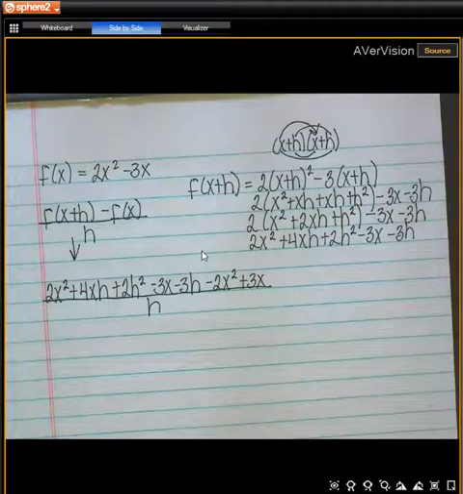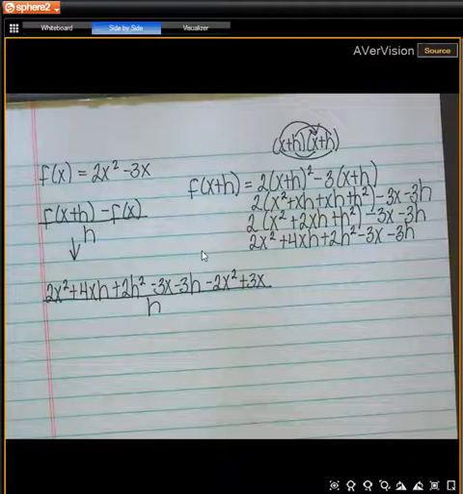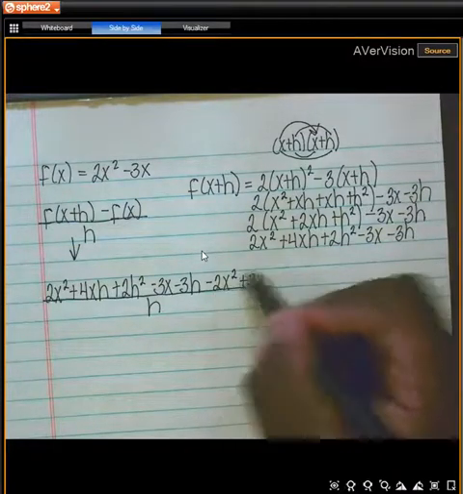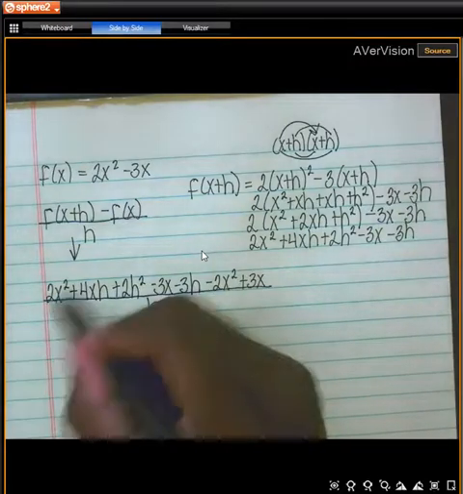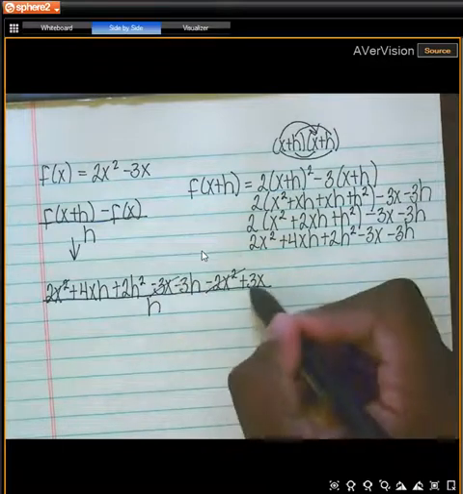Are there any like terms we can cancel out? We have the 2x squares and we have the 3x. Those.